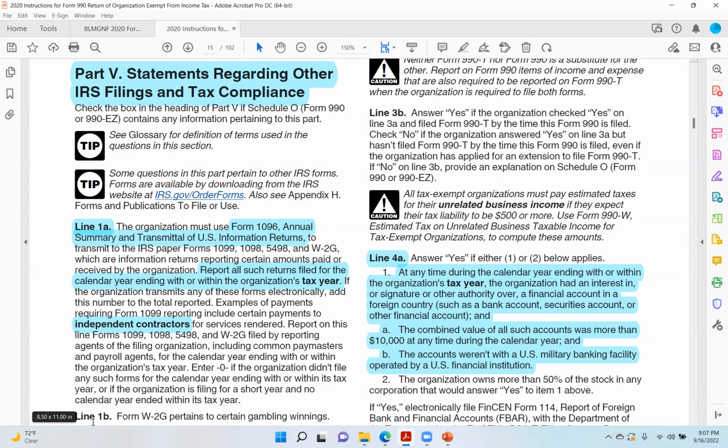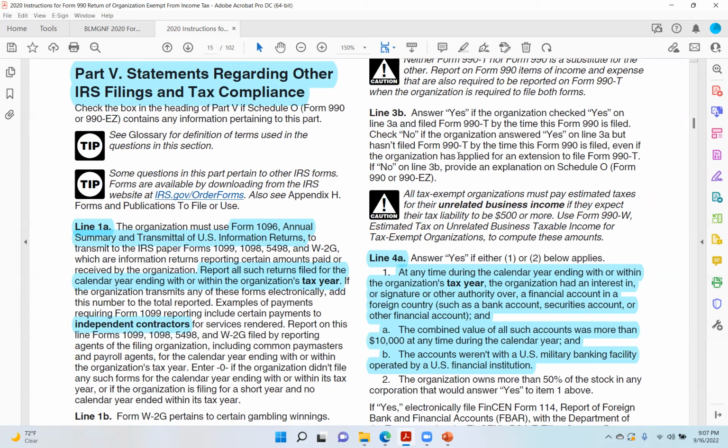Again, I highly encourage you to have the instructions nearby because the instructions give detailed information about each line of each part. The Form 990 is divided into different sections and then different parts. And within those parts, there are different lines of information. So line 1a says, the organization must use Form 1096, annual summary and transmittal of U.S. information returns.